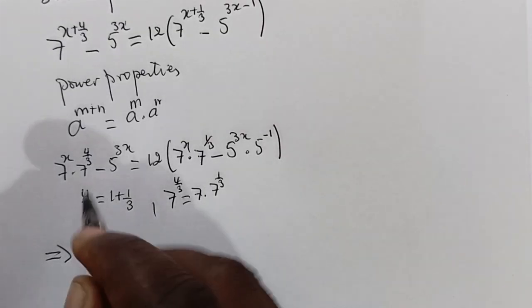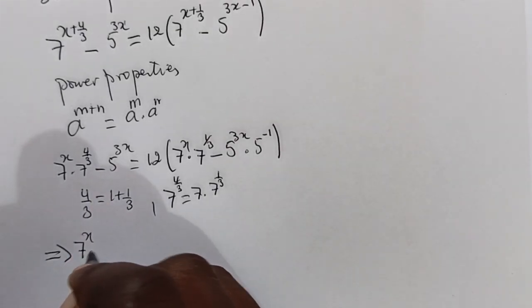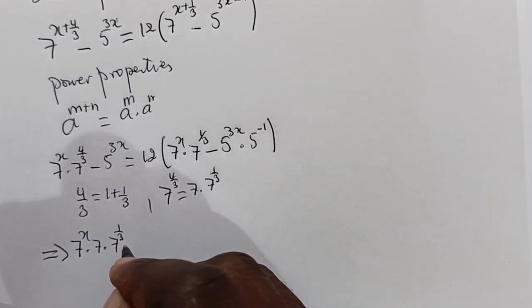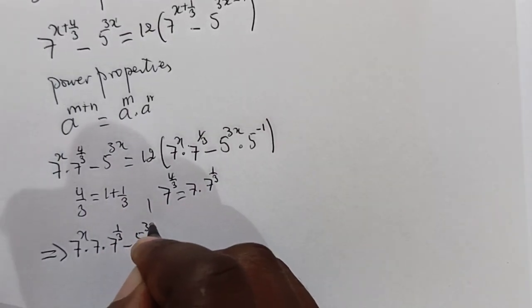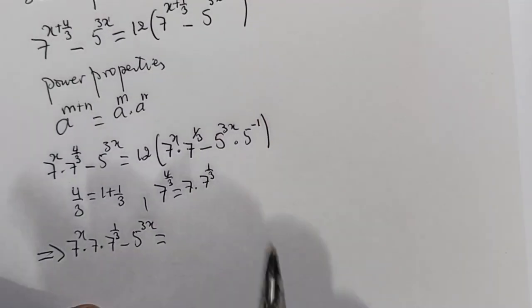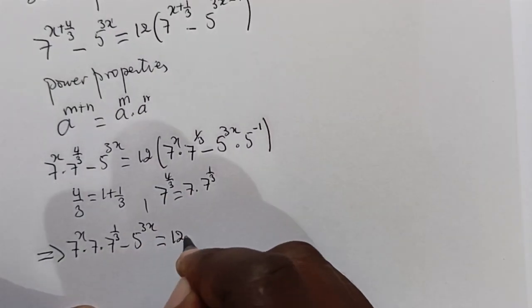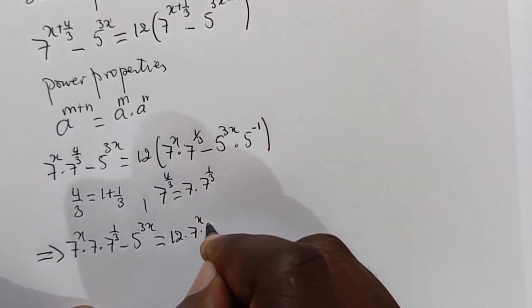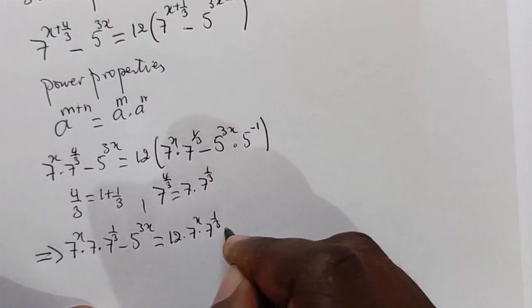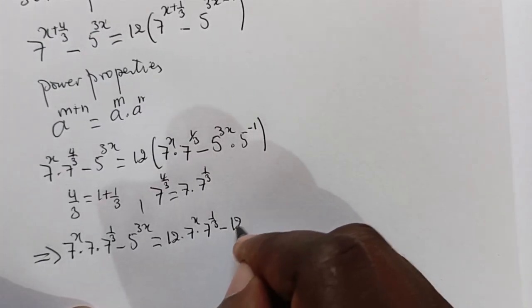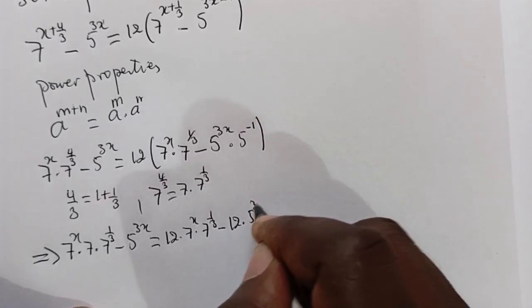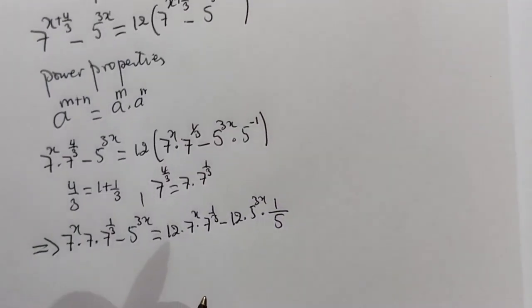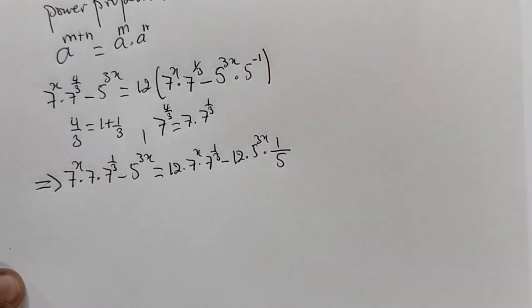We have 7 raised to x times 7 to the power of 1 over 3 minus 5 to the power of 3x. And this is equal to 12 times 7 to the power of x times 7 to the power of 1 over 3 minus 12 times 5 to the power of 3x times 1 over 5. That's what you have here.